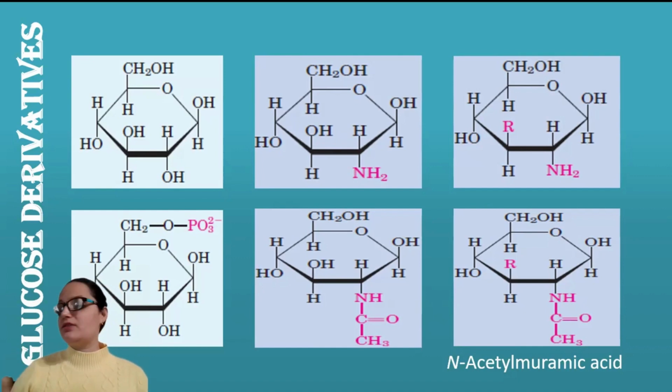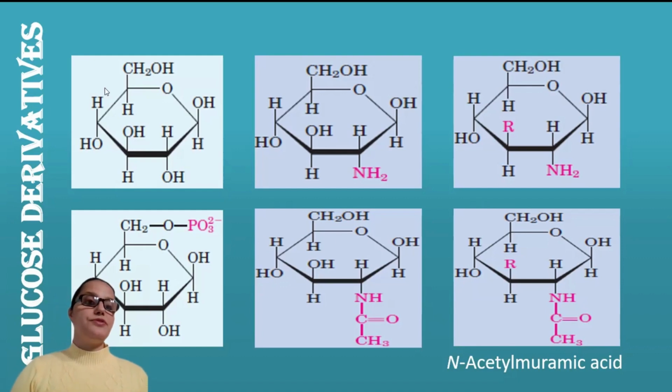So we have represented it with the R group. So this is the muramic acid, and if the same thing happens in N-acetyl glucosamine, that this OH on the carbon number 3 gets replaced by lactic acid, then N-acetyl muramic acid is formed.